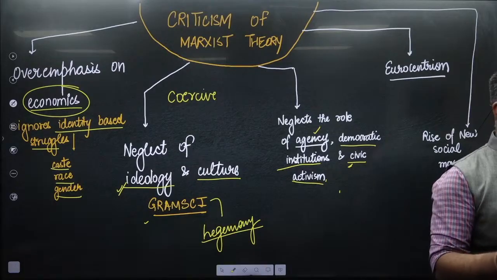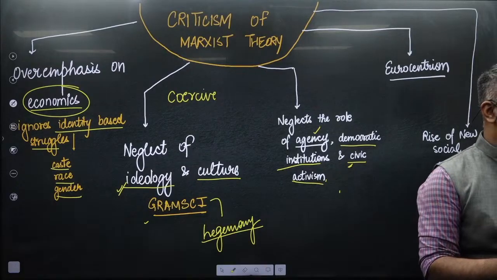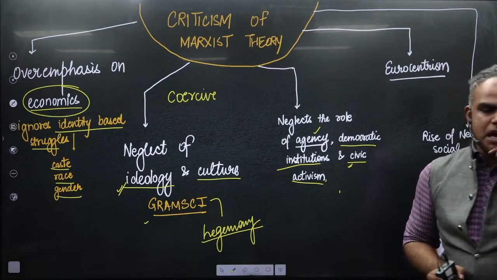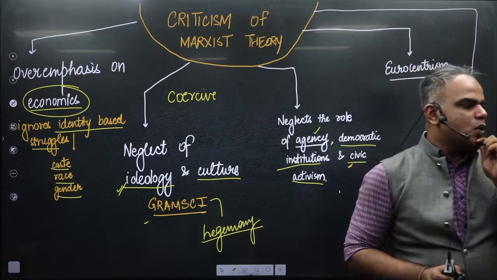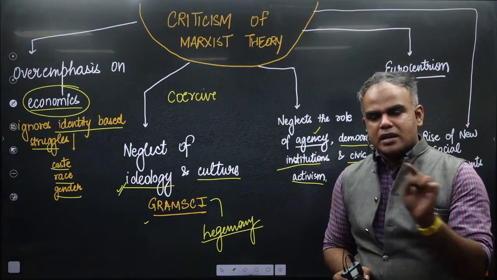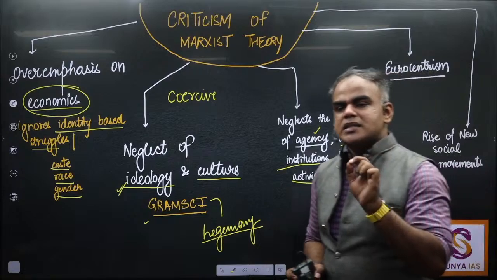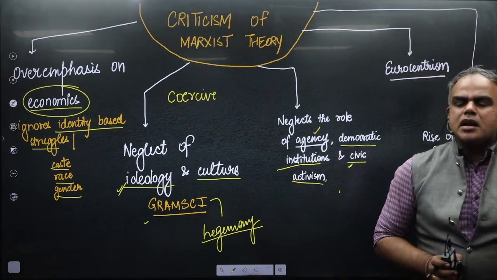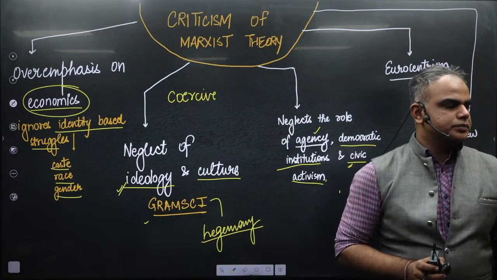Same point after full stop: Marxist models underplay how consent is manufactured. This is a very important line, underline it. How consent is manufactured in liberal democracies.